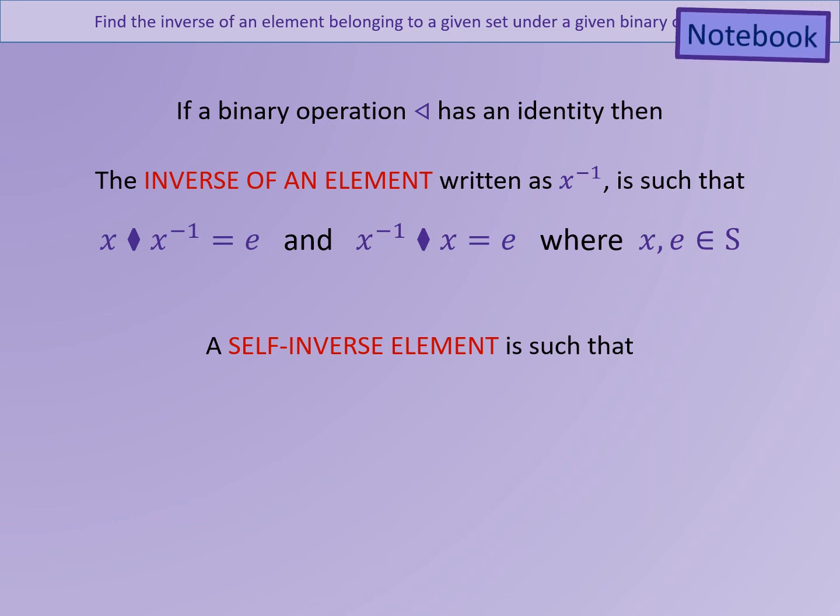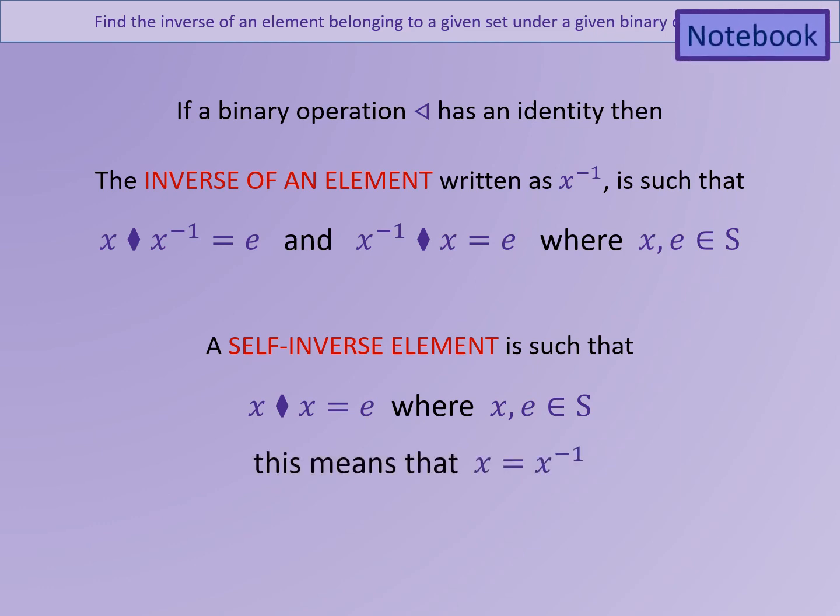An element will be self-inverse if, when multiplying it by itself under the binary operation, it would always give the identity element. In this case, this would mean that x also equaled x inverse.